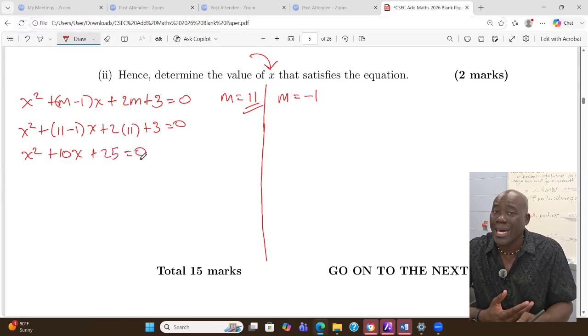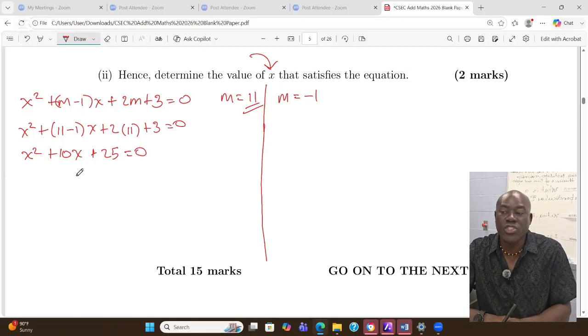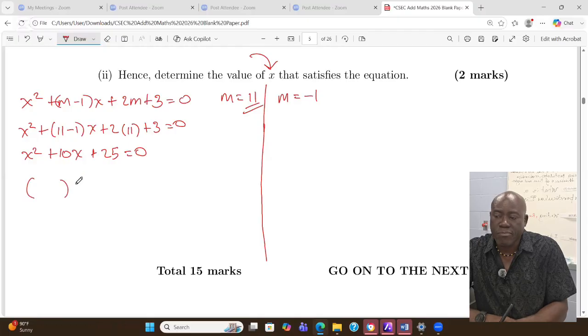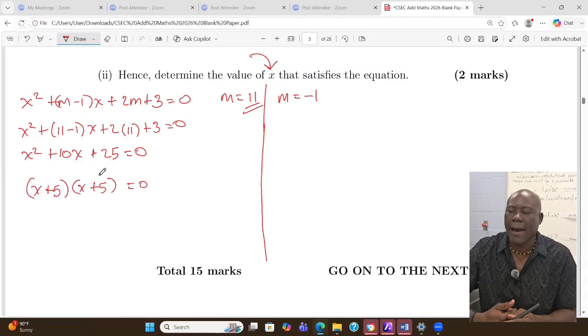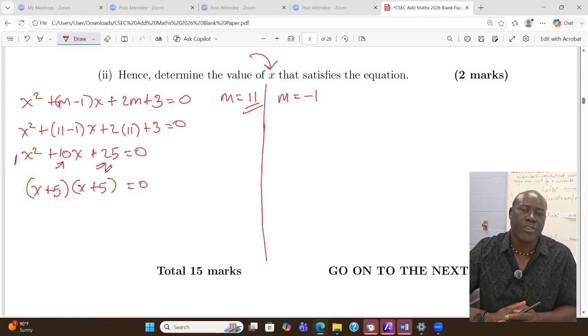Because they had told us already that we have equal roots, we have a perfect square here. Meaning, this is actually (x plus 5)(x plus 5) equal to 0, if you factorize this. How you could know that it's a perfect square: my coefficient of a is 1, so if I take half of my b and square it, I get this.